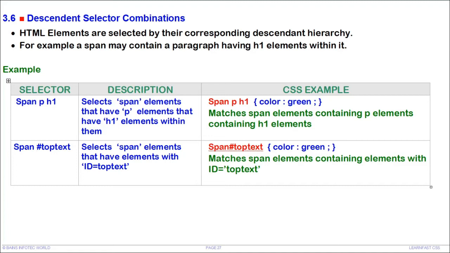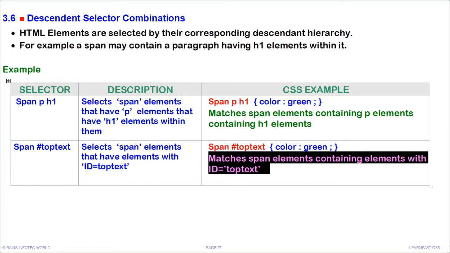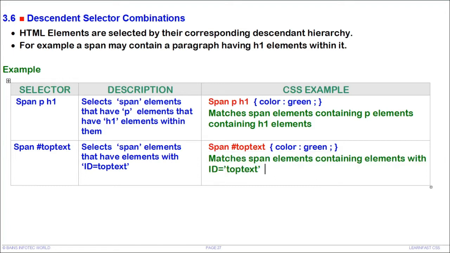So span top text is the hierarchy. Span contains element with ID of top text and changes it into the color green. So this rule matches the span elements containing elements with the ID top text.